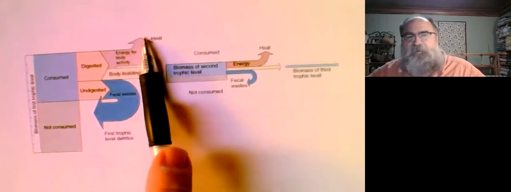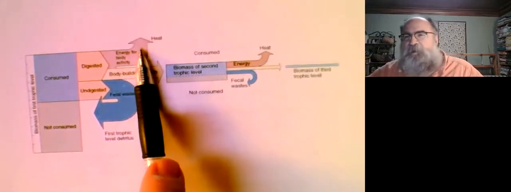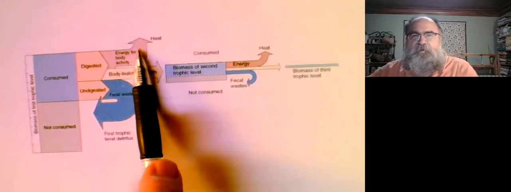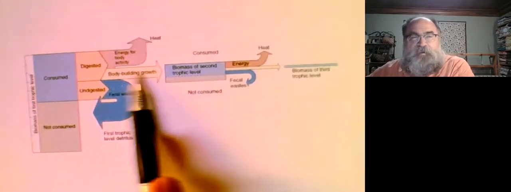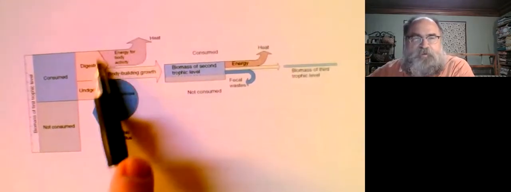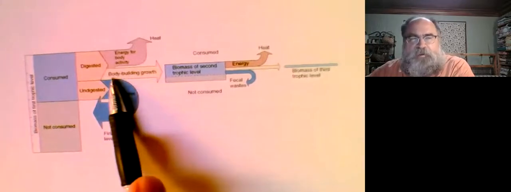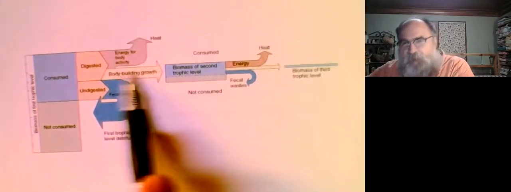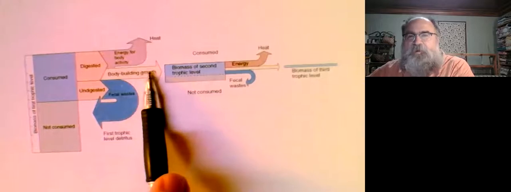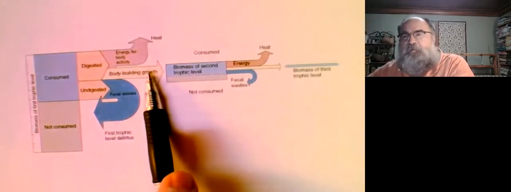So a lot of energy just doesn't actually get converted into your body, but some does. And so for that sheep right here, this represents the body. How much goes into making that sheep grow bigger, make wool, whatever it is.